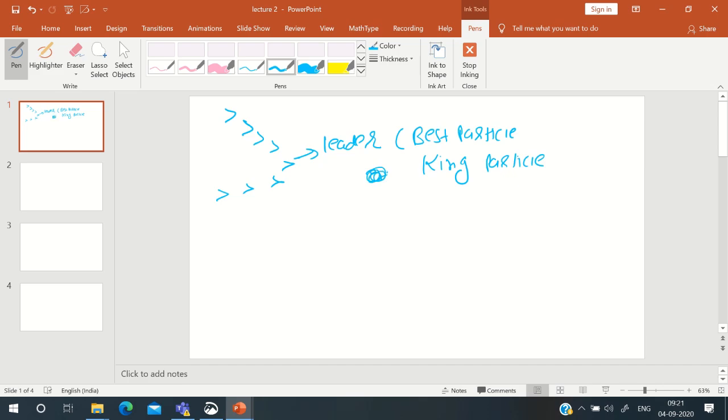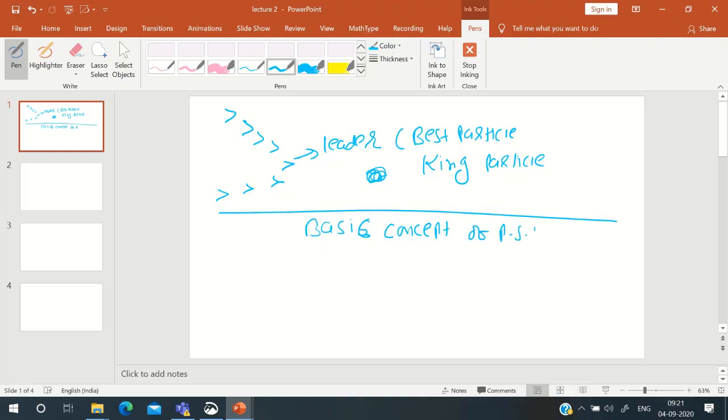Okay, so having known this fact, now we will see the basic concepts, basic concept of PSO, and then we will see the mathematical equations.